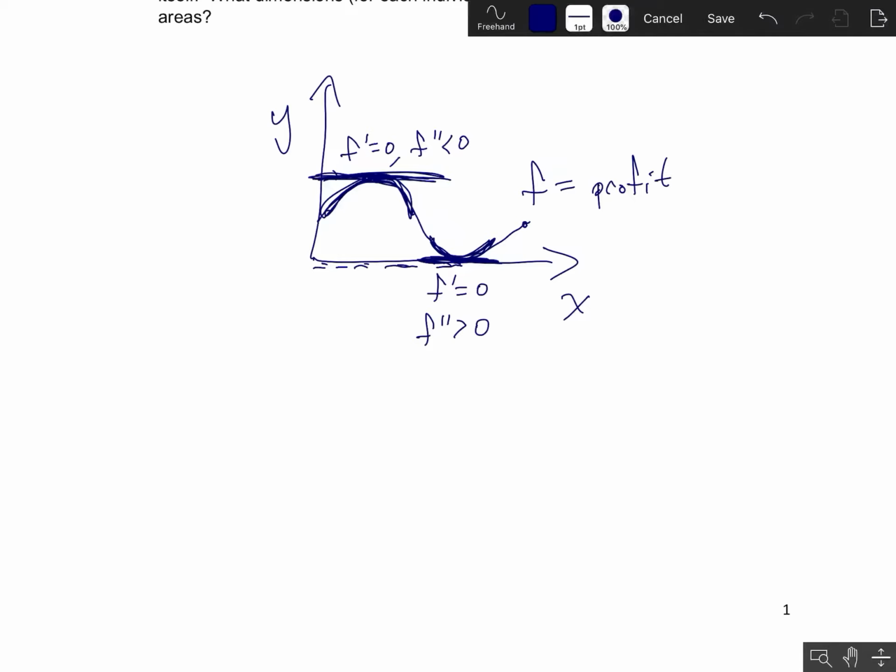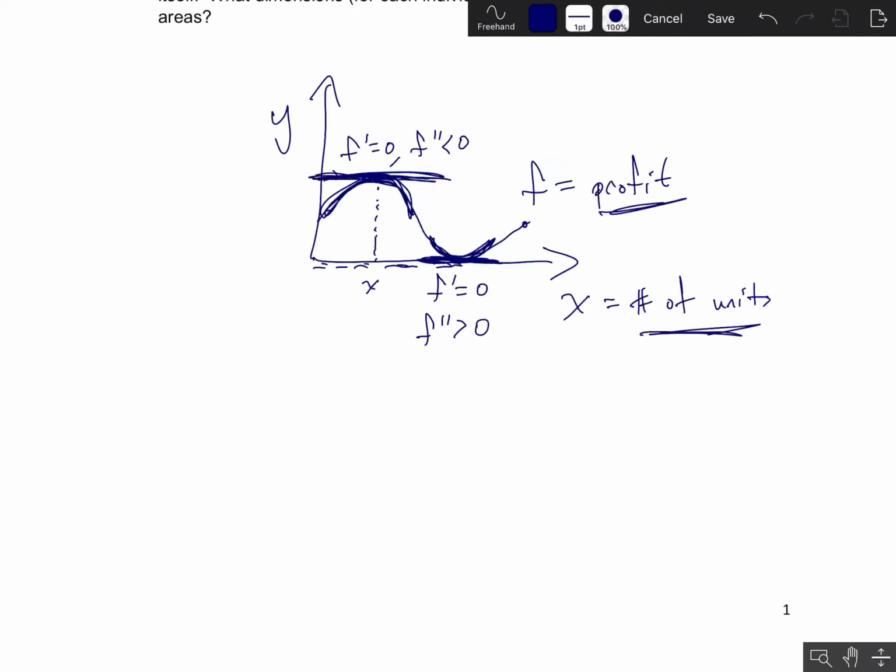So maybe we'll be looking at something like a profit function, where the y value or the output value represents the profit, and the input value might represent the number of units that we want to make, for example. And then the first and second derivative test techniques will allow us to maximize the y value, or in other words, maximize the profit based on the number of units that we want to manufacture.